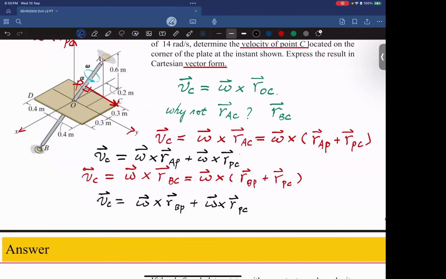We see, where is omega? Can you indicate in the diagram? Can you find the omega in the diagram? Where is it?